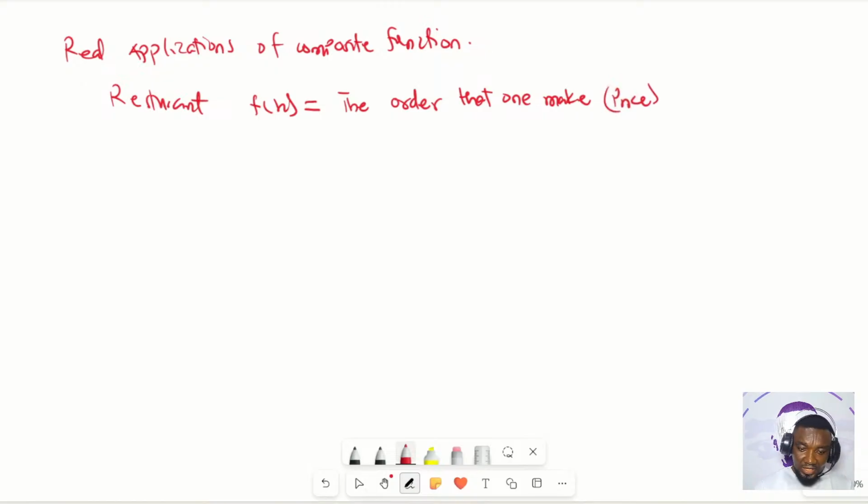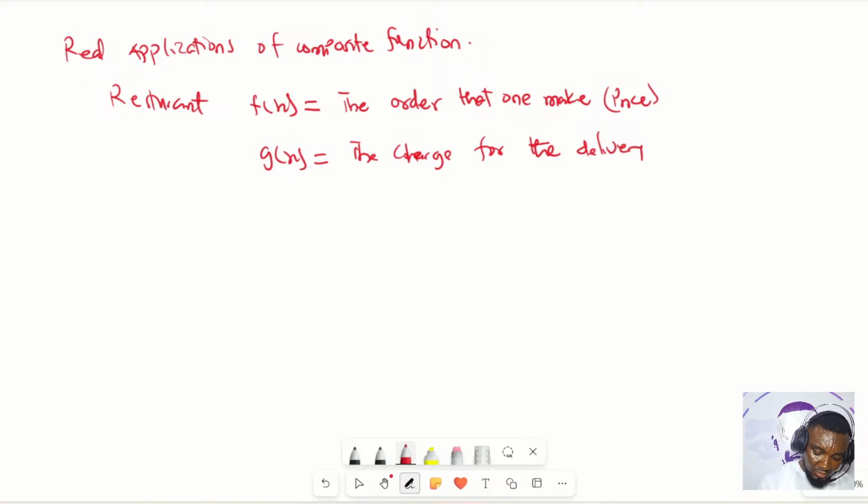So that can represent the price of the order that one makes, right? So that is our f of x. And we can also have our g of x, which can represent the charge for the delivery. So you can have g of x to be the charge of the delivery.